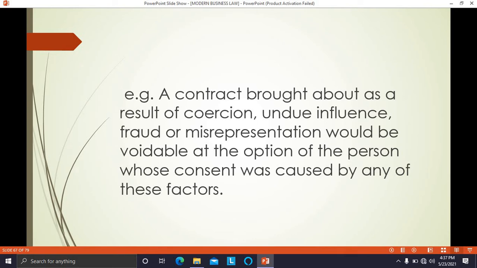A voidable contract is an agreement which is enforceable by law at the option of one or more parties, meaning the party whose consent is not free consent, and not at the option of the other or others, meaning the party who is responsible for inducing force or who has used undue influence, fraud or misrepresentation. In that case, the contract will be voidable at the option of the person whose consent is caused by any of these four elements.